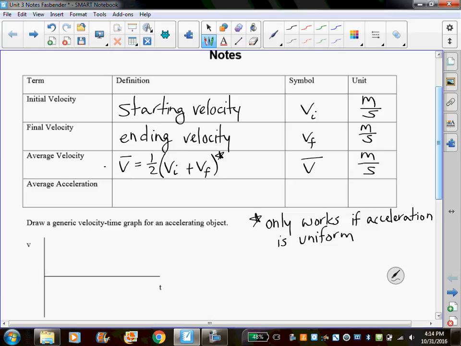Now, average acceleration is the rate of change of velocity. How much is your velocity changing every single second? We will use a lowercase a as a symbol for acceleration, and the unit for acceleration is how much your velocity is changing every single second.